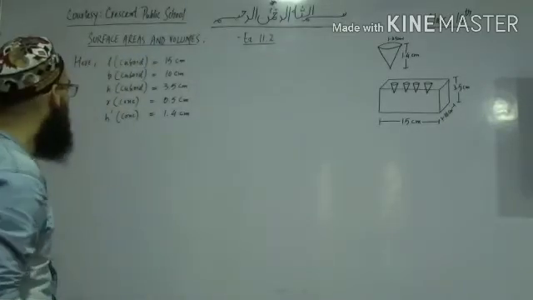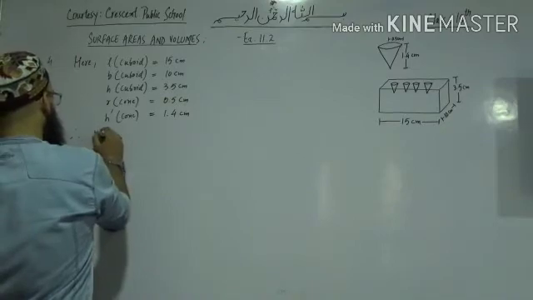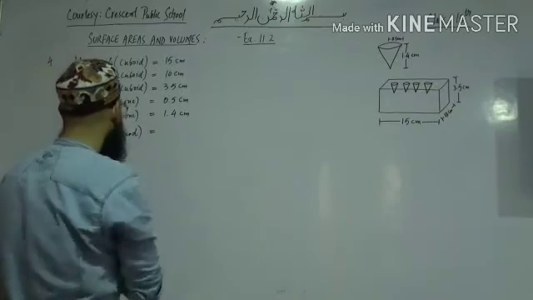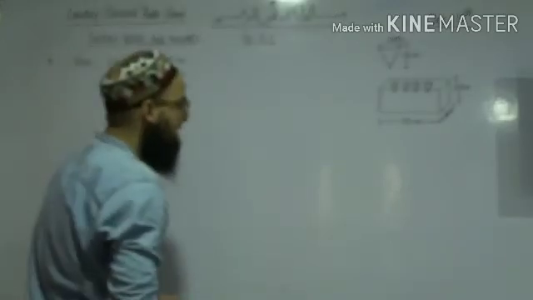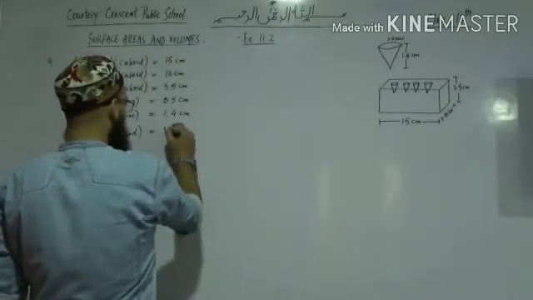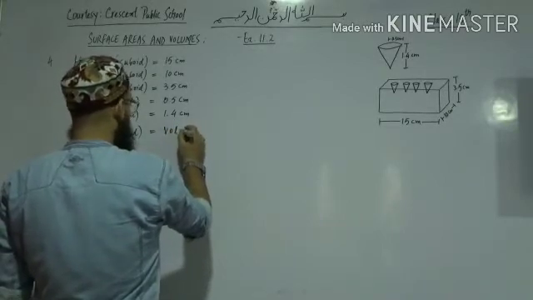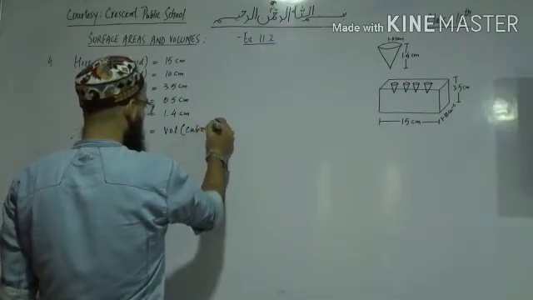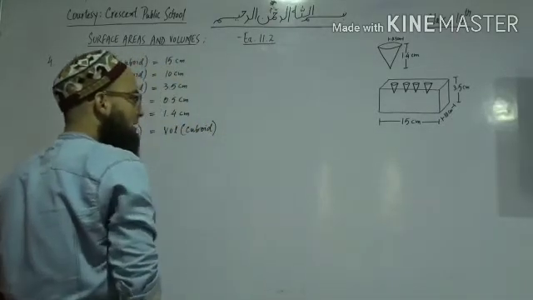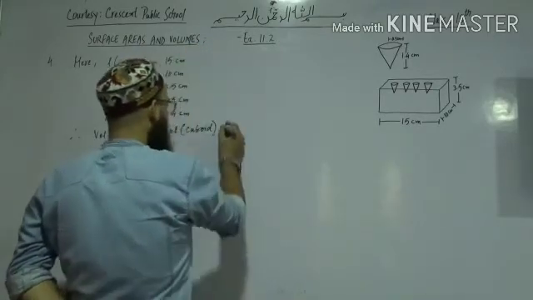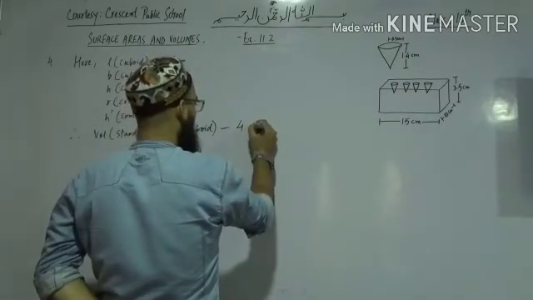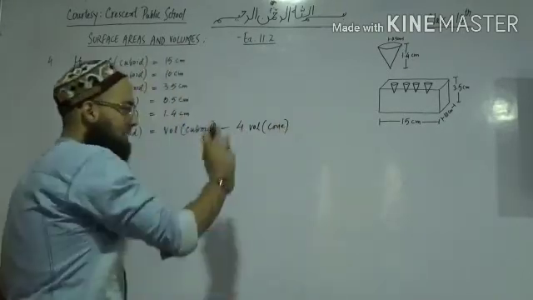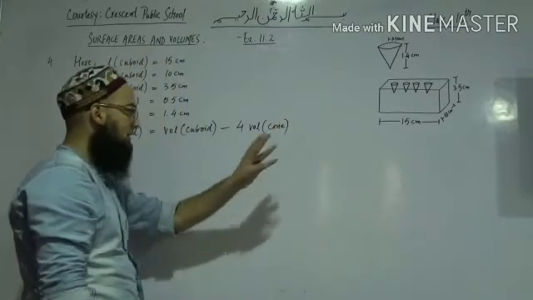So these are our dimensions. Therefore, volume of stand is volume of cuboid minus 4 times volume of cone, because that capacity has been taken off from the stand.